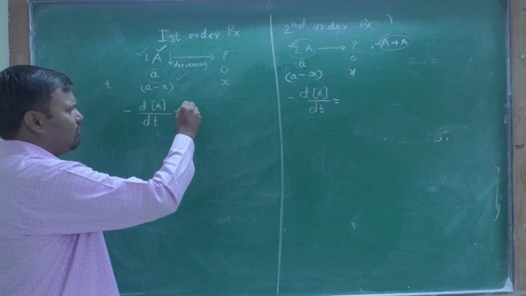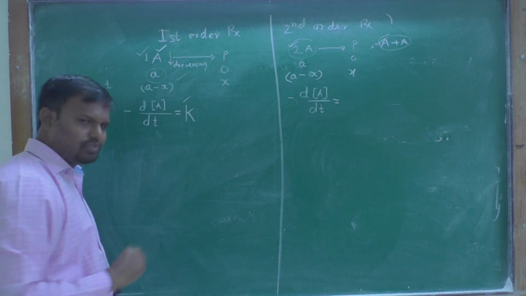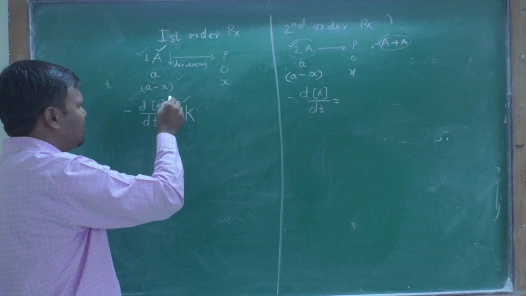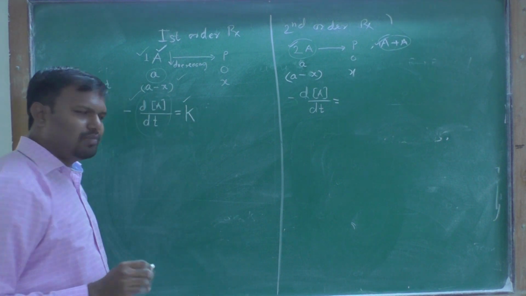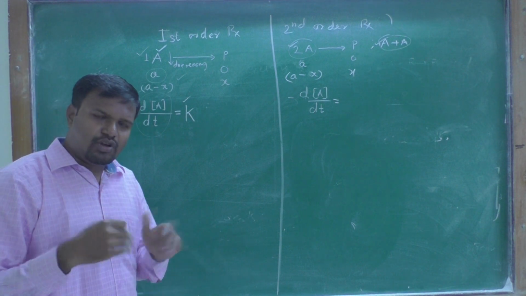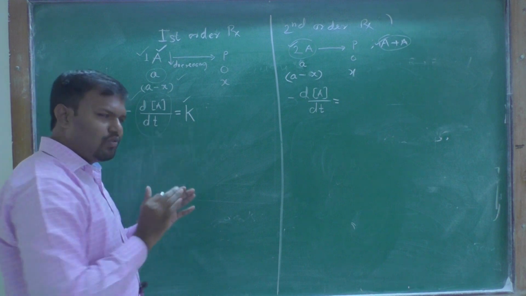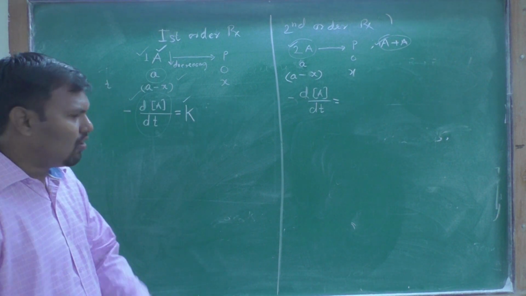Then it is equal to the rate law equation, because this quantity, the rate of decrease of reactant, is also the rate, or the rate of increase of product is also the rate. Therefore this quantity will be given by the rate law.